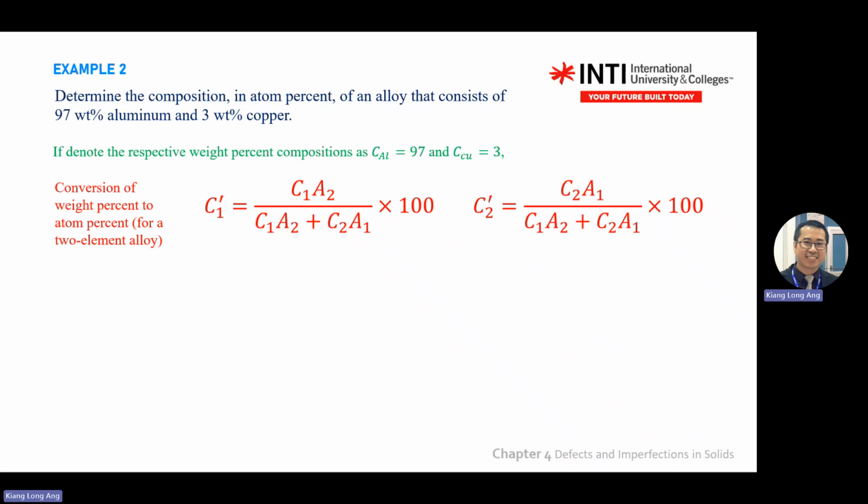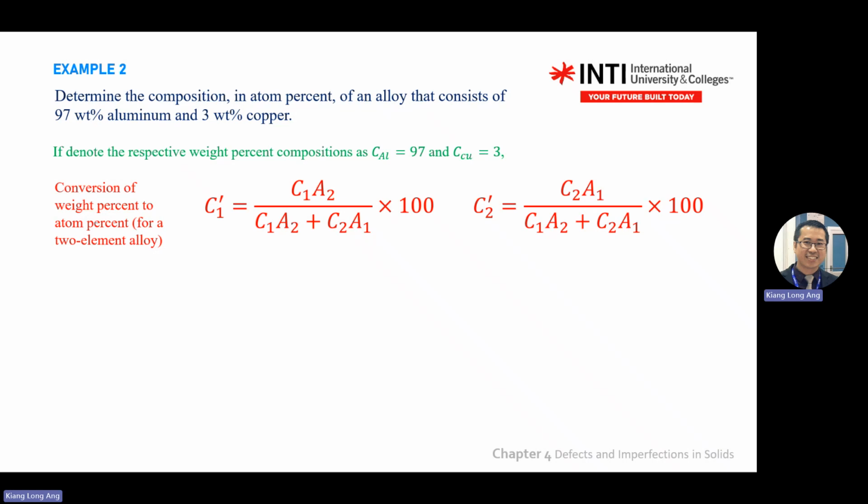So atomic percentage of aluminium equals, out of total how many mole, A plus B, so A divided by A plus B times 100. Same here, B divided by A plus B, you get how many percent?